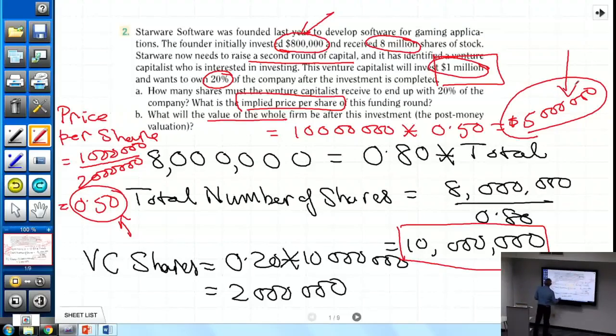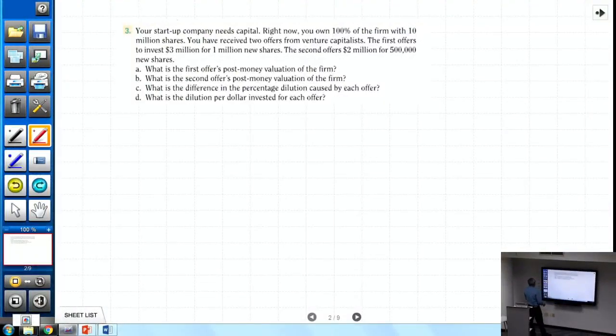Let's take a look at problem number 3. Problem number 3 is also about post-money valuation. So now over here, what information do we have?